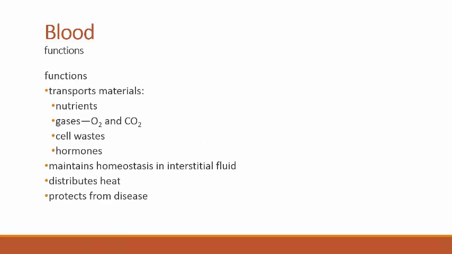Okay, so functions of blood are numerous. It's certainly a very important body fluid. And the primary functions include transporting materials. So that's the biggest thing that we do with our blood. And there's a whole bunch of other stuff that gets transported in blood, including the nutrients.